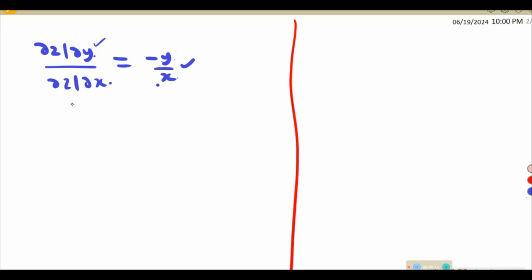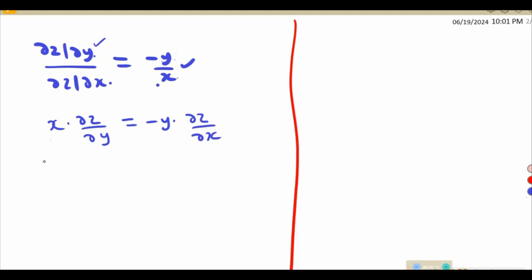which we can easily rearrange to give us x times del z del y, which is equal to negative y times del z del x.